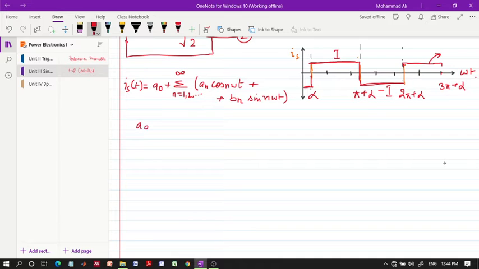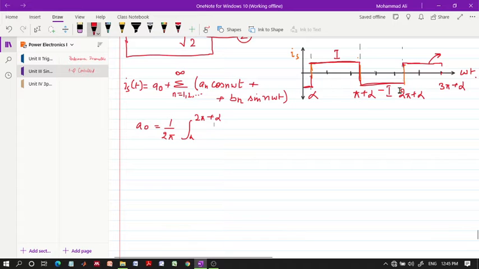Now what is A naught? Intuitively A naught should be 0, because we are having the same duration of time for plus I and the same duration of time for minus I, so that is why the average value should be 0. But we can evaluate it mathematically also. I can write it like this: 1 upon 2 pi, integral from alpha to 2 pi plus alpha.